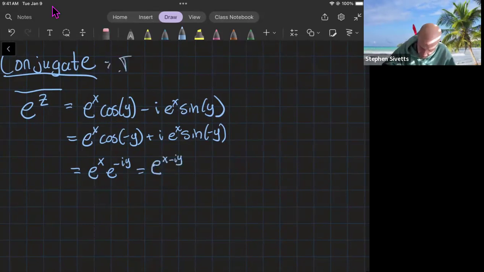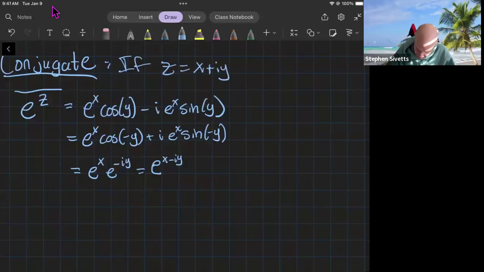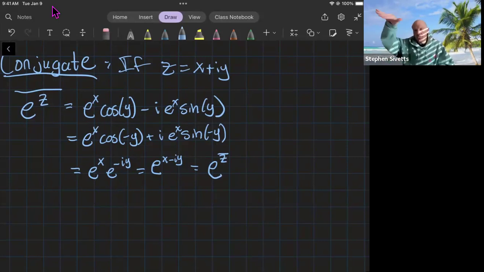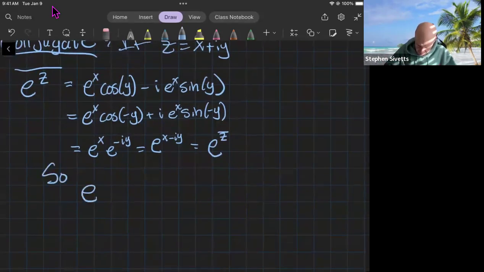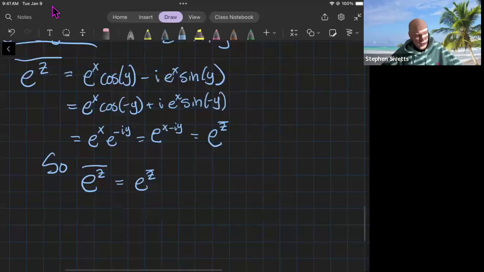If z equals x plus iy, then e to the z conjugate is just taking the complex conjugate of z and then applying the exponential function to it. So e to the z conjugate equals e to the z bar.